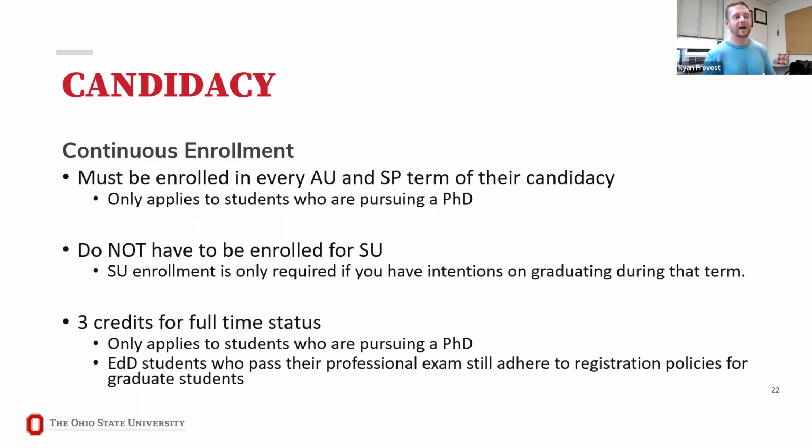And it's 3 credits that you have to have in order to have full-time status as a candidate. And again, that only applies to students who are pursuing their PhD. EDD students who pass the professional exam still adhere to the registration policies for all graduate students because, again, there is no candidacy status for EDD students.